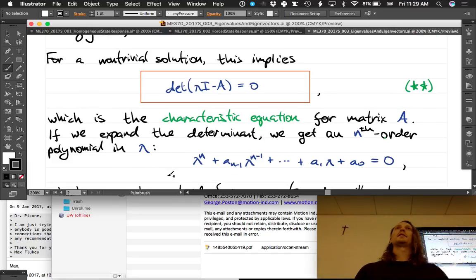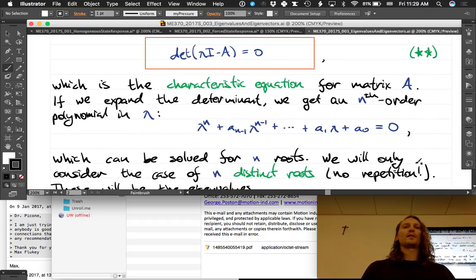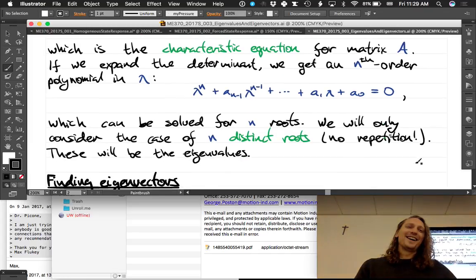That always happens. You always get an nth order polynomial in lambda, and set that equal to 0. So we're finding the roots of a polynomial equation. If it's second order, it's quadratic. Ideally, second order, that would be great.